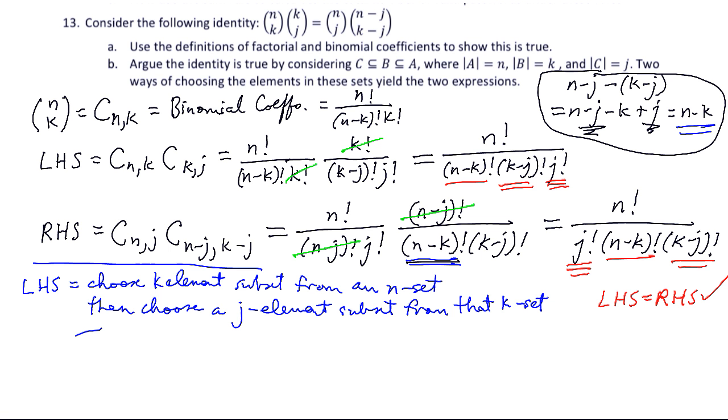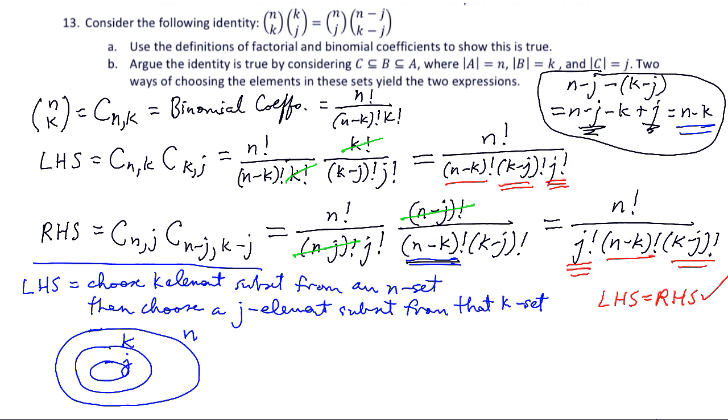Okay, so I have this set of size n, and I'm going to choose a k element subset, and then from that k element subset I'm going to choose a j element subset. Okay, not sure that's very legible. Let's label my j element subset in a slightly different color. J element subset. Okay, so that's the number of ways of doing that, the left-hand side.